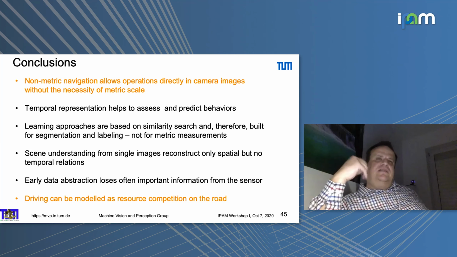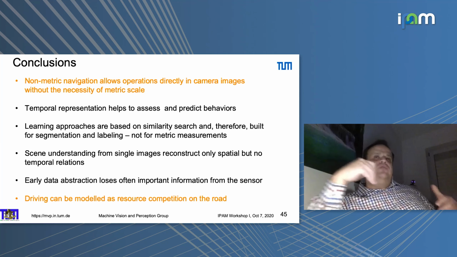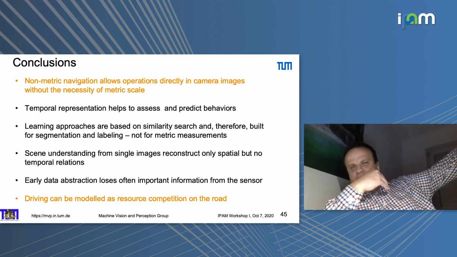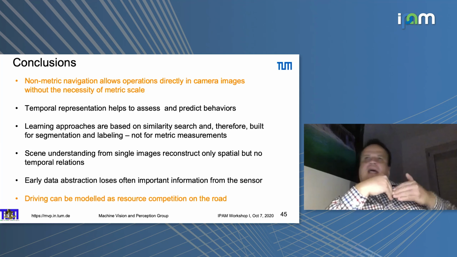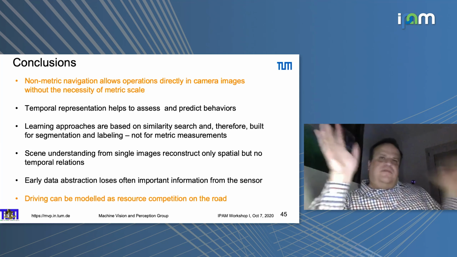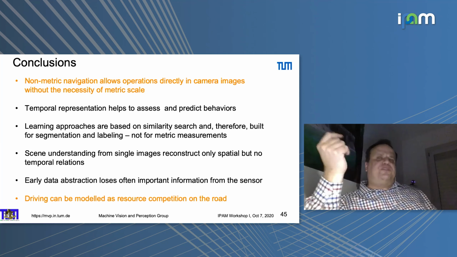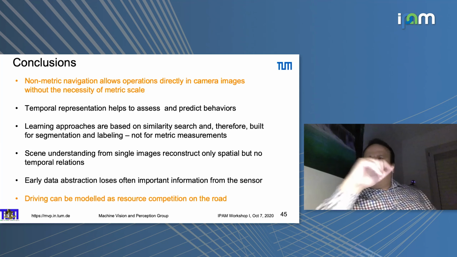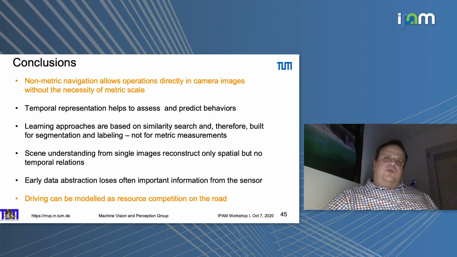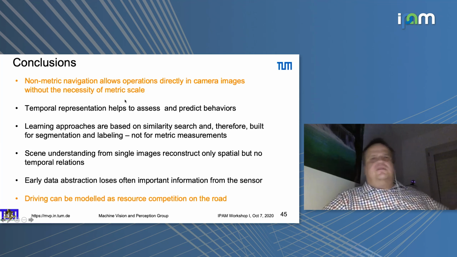But once you get higher speeds, you would like to look further ahead than just 5 meters. And in this case, the stereo geometry will not work anymore, but you can switch now to this different perception, which is giving up on the metric reconstruction and is going towards these perception responses.